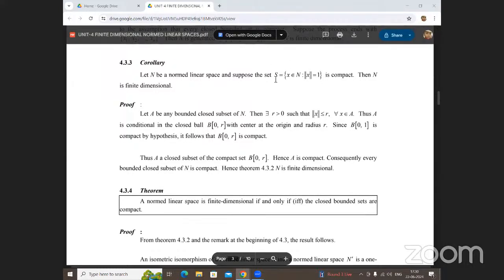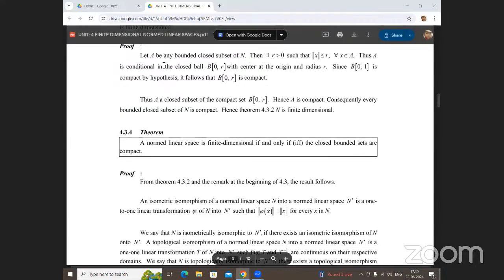That set is denoted by S. Given that this set of norm-one elements is compact, automatically the space is also finite dimensional. First of all, you have to choose any bounded closed set of the normed linear space, that is A. Here A is any bounded closed subset of the normed linear space.